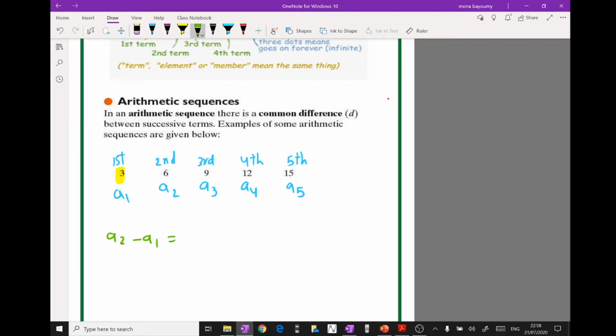A2 minus A1, 6 minus 3, so the answer is positive 3. A3 minus A2, so it is 9 minus 6, it's going to be 3. A4 minus A3 is equal to 12 minus 9, which is equal to 3.